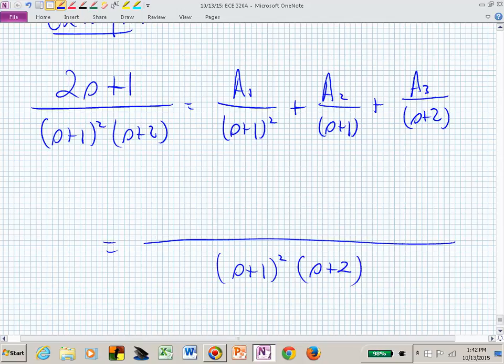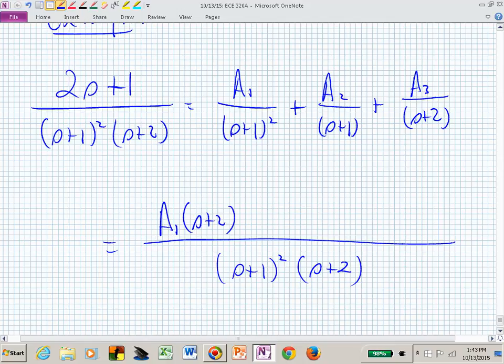What happens when I put the a1 piece over a common denominator? What happens to the numerator piece associated with a sub 1? I now have a1 times s plus 2, and if I divided that out, I would end up with that first term on the right. Does everybody see where that came from?